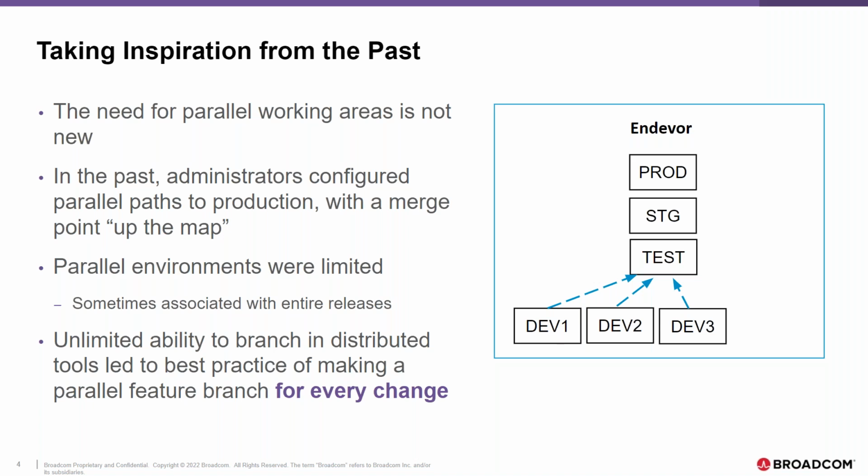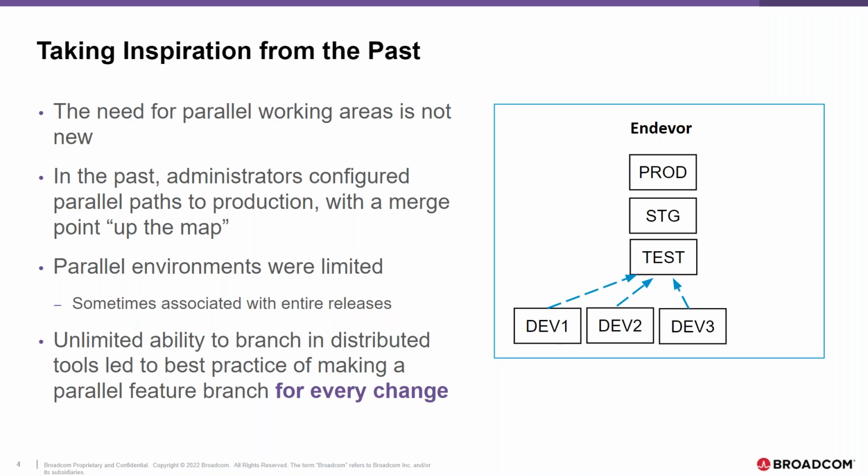So that's fine, except that with the new agile practices that I was talking about at the outset, the best practice is now to do branches on every single change.